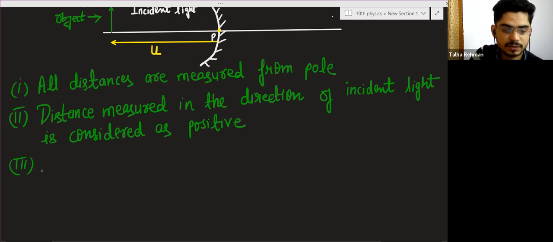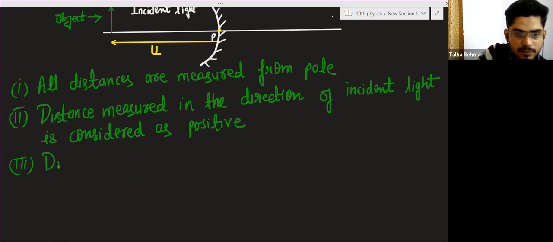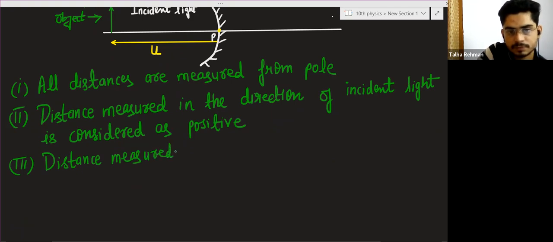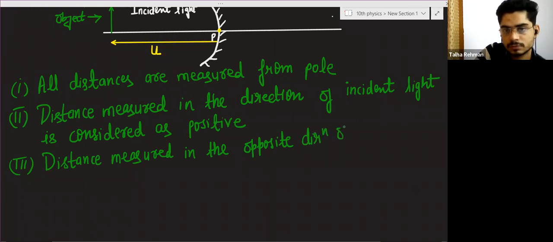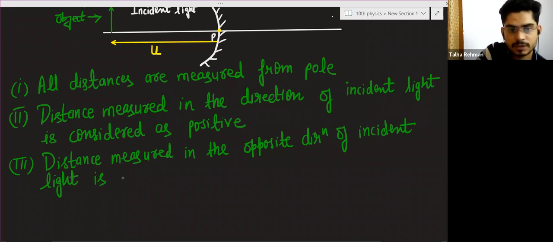And third point is you can write, distance measured in the opposite direction of incident light is considered as negative.